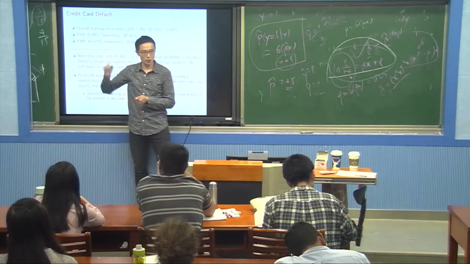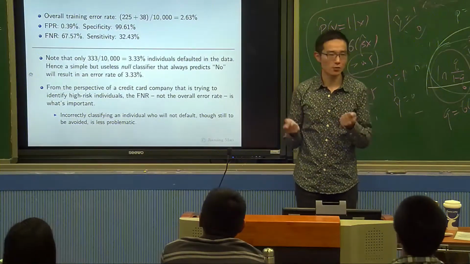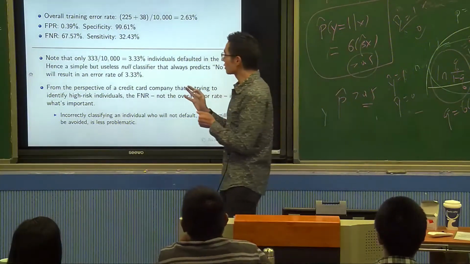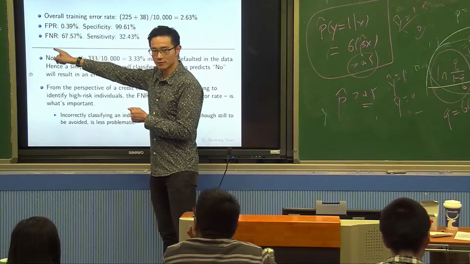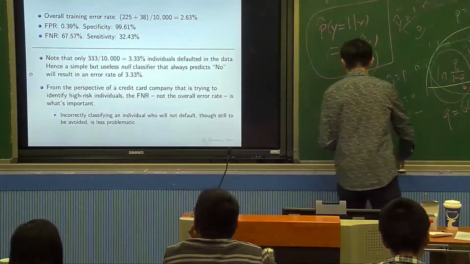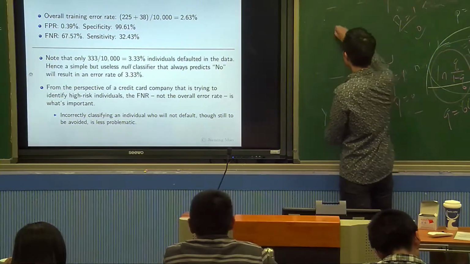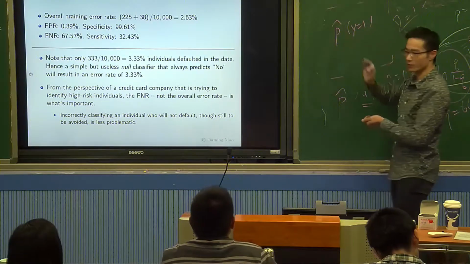What should I do? Suppose I still do the same logistic regression and do not change my model. Is there any way to decrease the false negative rate? I still have the same p hat for y equal to 1, meaning the probability of default.